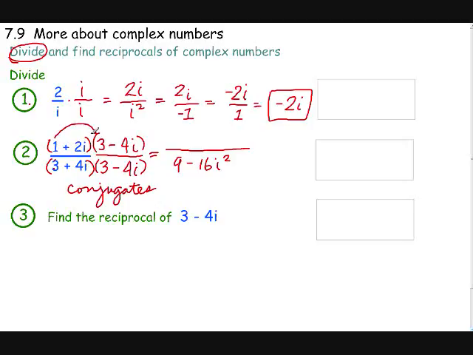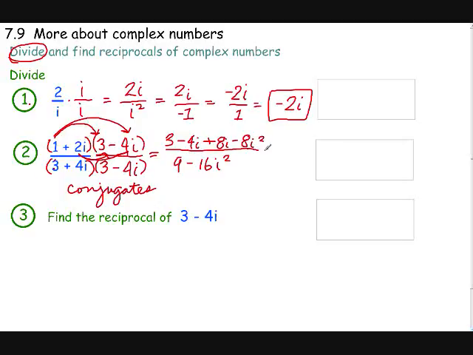In the numerator, though, I don't have conjugates, and those I'm going to have to use my traditional FOIL method of 3. Then the outside, I've got a positive 1, a negative 4, negative 4i. Then I go to the inside, a positive 2, a positive 6, give me a positive 8i. And finally, I do the last terms, a positive 2 and a negative 8i squared.